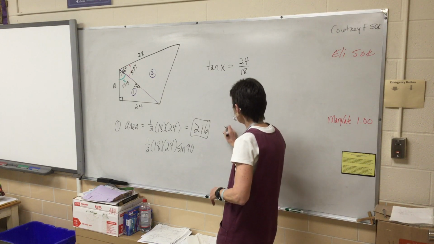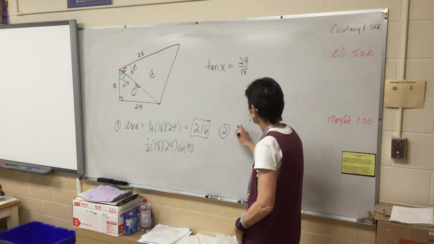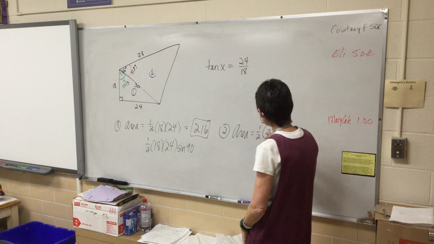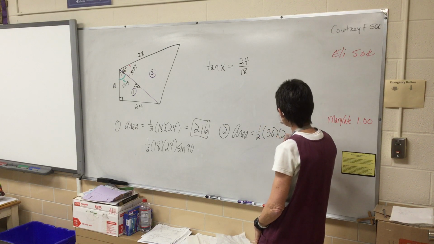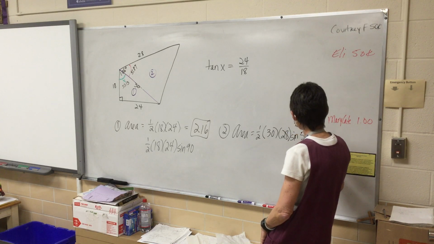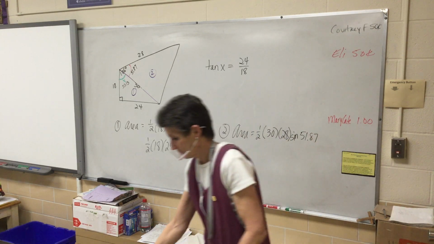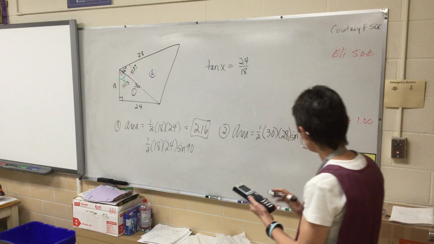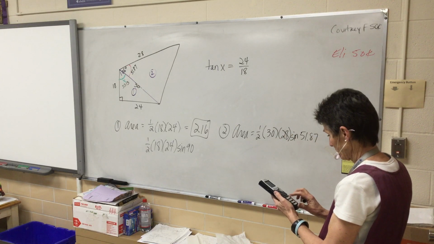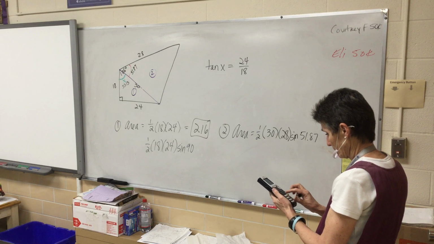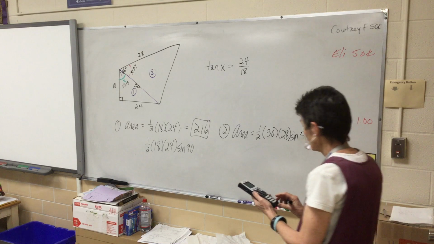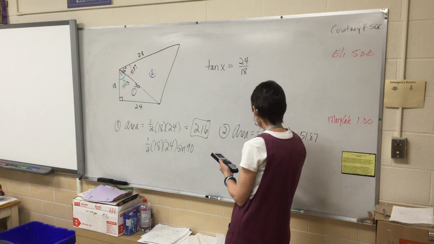Now, can I find the area of triangle 2? 1/2 times 30 times 28 times sine 51.87. I hope I did that right.